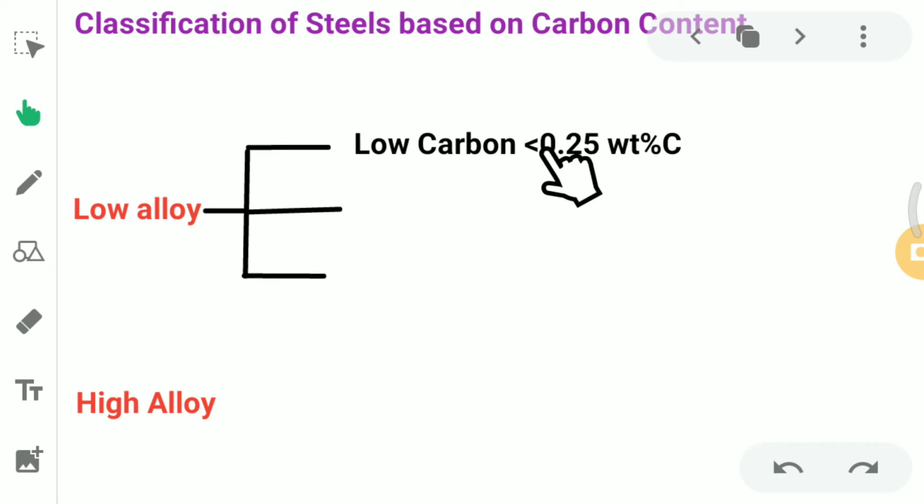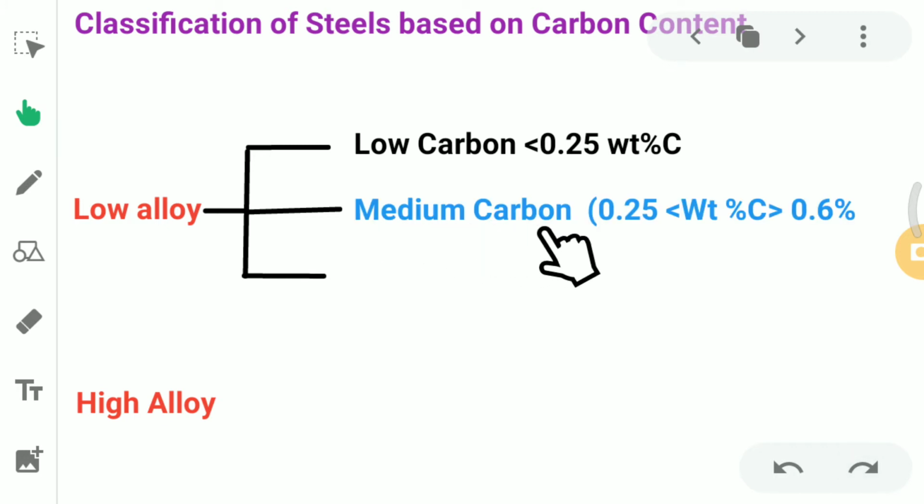If the carbon percentage is less than 0.25, then we call that low carbon steel. If the carbon percentage is 0.25 to 0.6, then we call that medium carbon steel, friends.